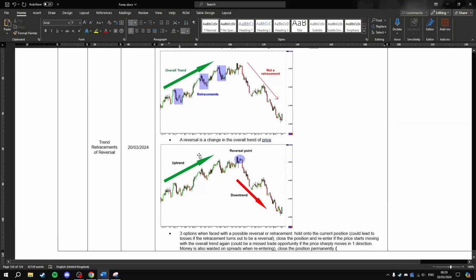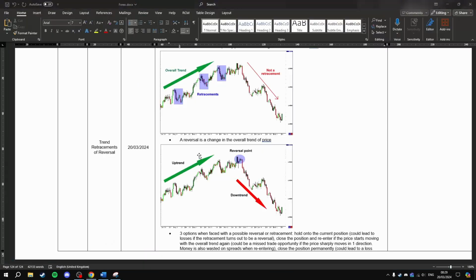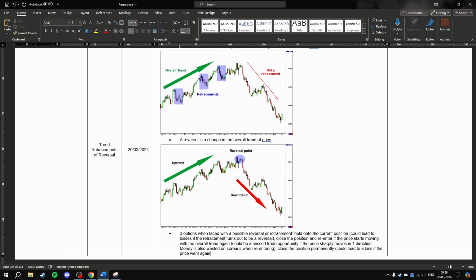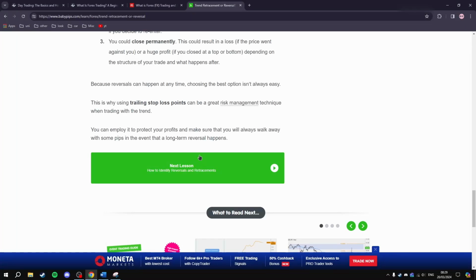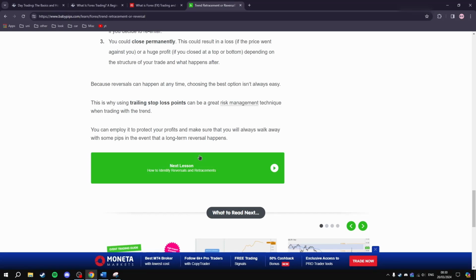This could lead to a loss if the price went against you, or lead to a profit if you close at the top or bottom, depending on the structure of your trade and what happens after.